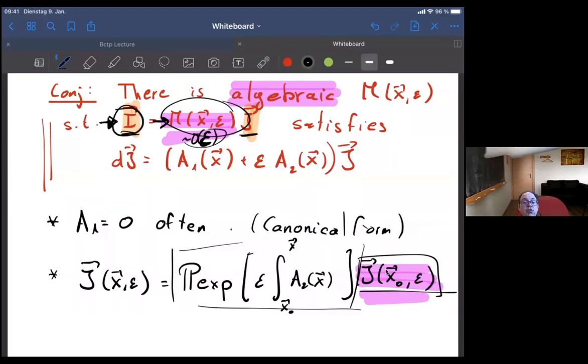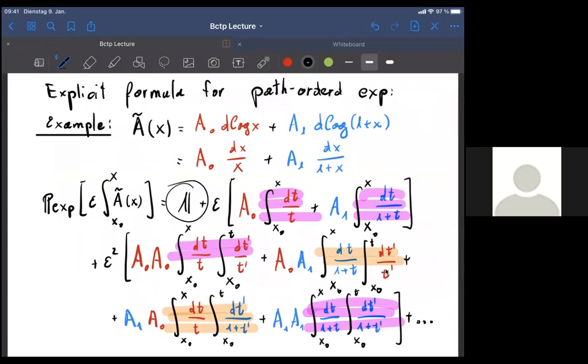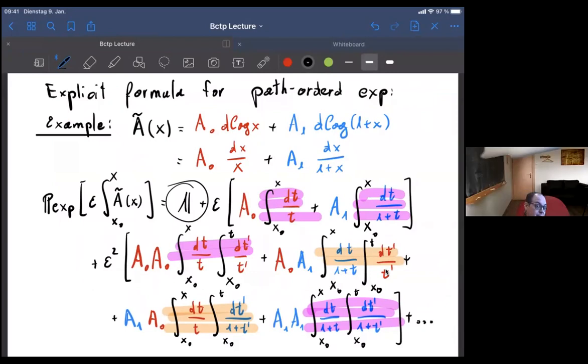As for the order to which you need the path-ordered exponential, let's wait until the end of today's lecture. There's a meaning to this expansion here, which you haven't seen yet. Then you will understand, either at the end of today's lecture or early in tomorrow's lecture, where you have to truncate. You can predict this, but at this point, it's not obvious. I haven't told you yet how to do that.